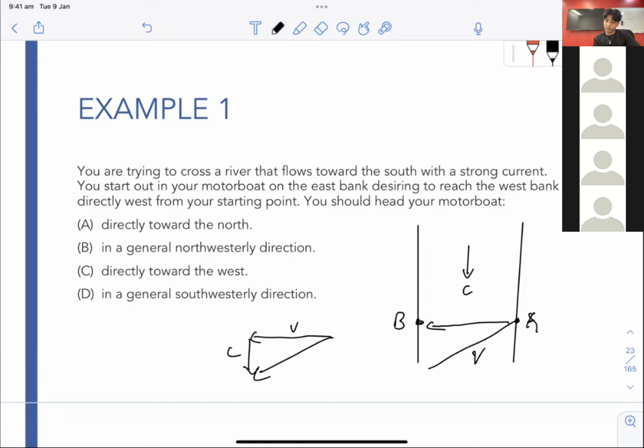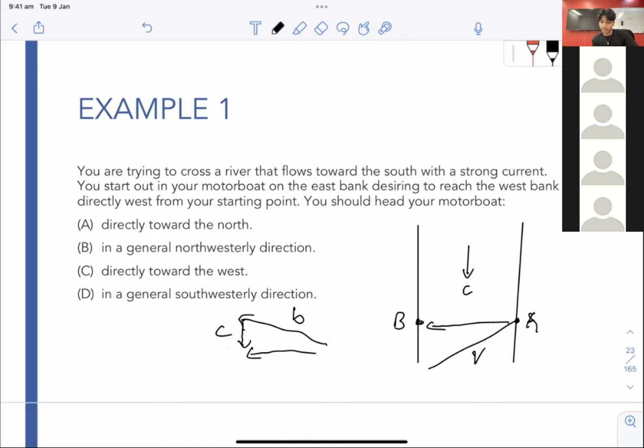If we turn our boat to face a bit more north, so we're facing this way, and we use our boat's velocity here, and then the river comes along and pushes us this way, we actually end up going in a straight path.